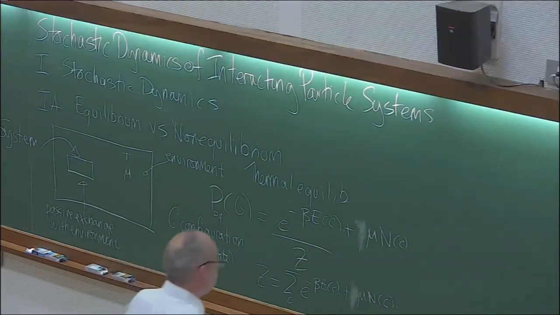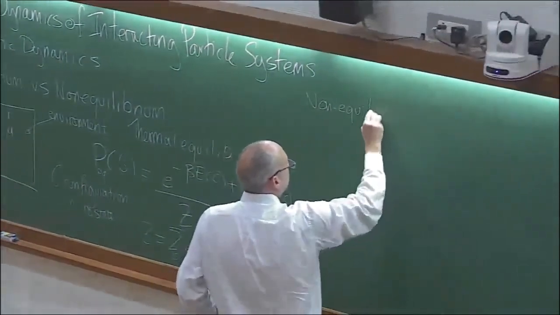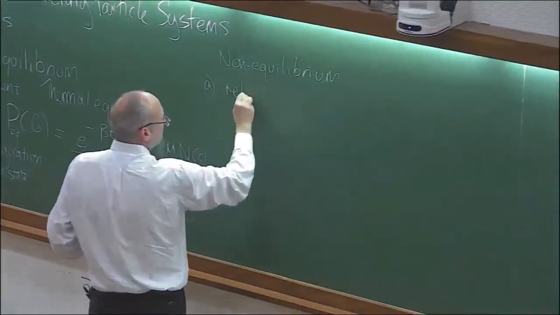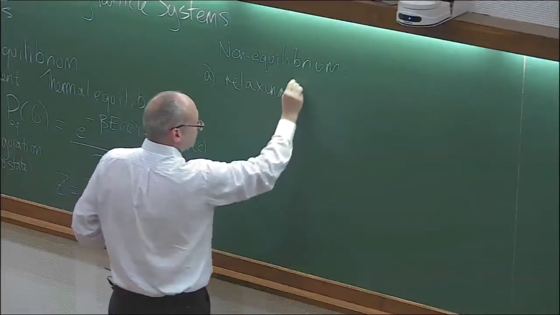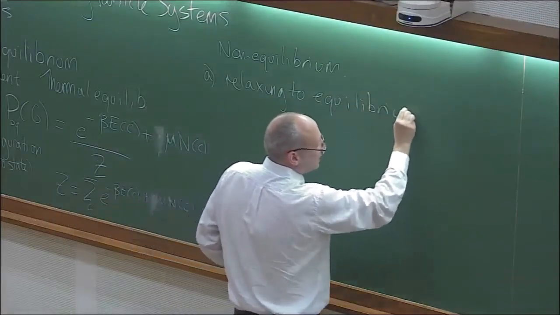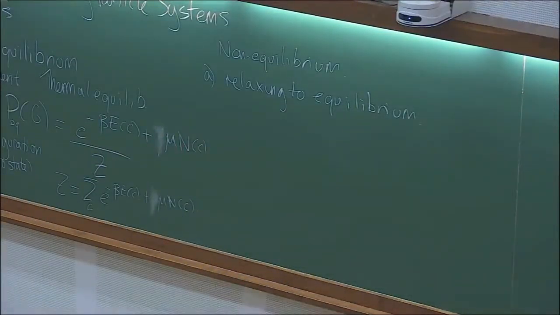So we can be non-equilibrium. Firstly, we can still be relaxing to equilibrium, and it may be that the relaxation takes a very long time. For example, in glasses, we cool something and the system gets stuck out of equilibrium in some sort of liquid configuration. It just gets frozen there, and it can never get to the true solid-like equilibrium state.